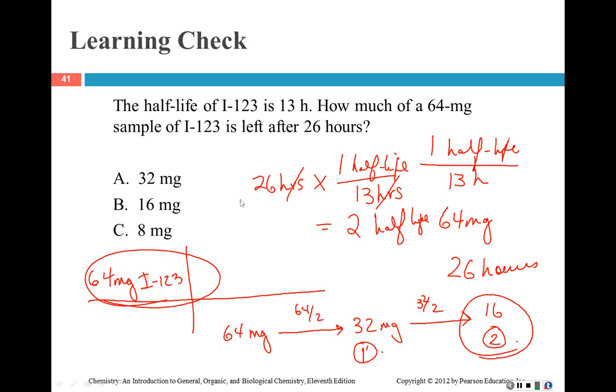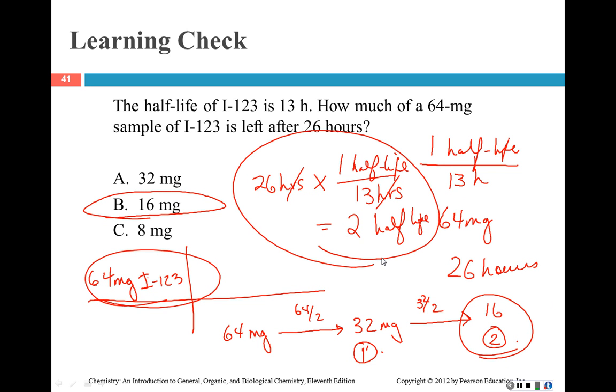So after 2 half-lives, we would have what? 16 milligrams. Okay, so you figure out your half-lives first, and then you take your milligrams and figure out how much you would have left after you halved them this many times. And that's it. Not too bad, is it?